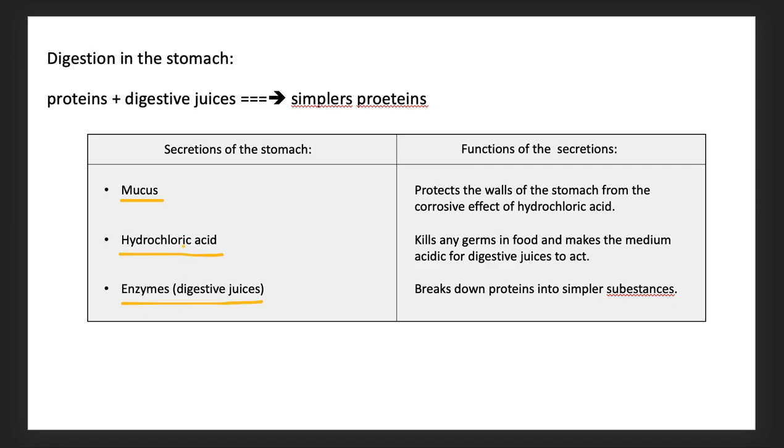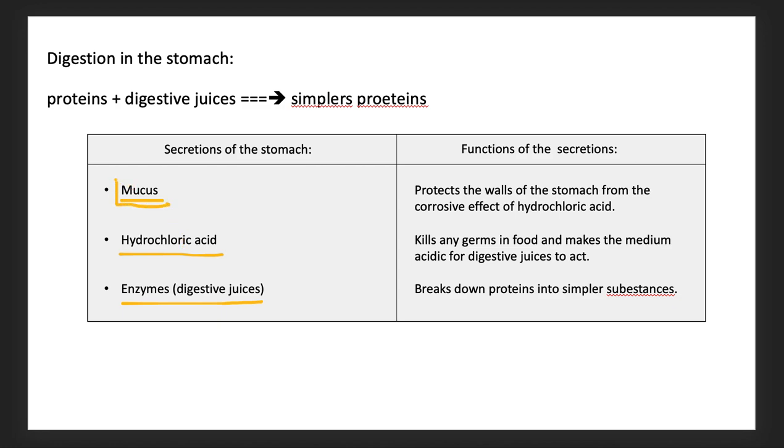Now this hydrochloric acid is very, very powerful. It's very harsh. If it falls on anything, it can harm it, corrode it, dissolve things. If it falls on your skin it might even burn. Now if the stomach is producing this hydrochloric acid, the walls of the stomach should also burn, but that doesn't happen. Why is that?